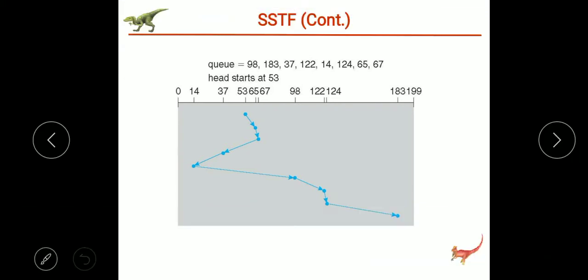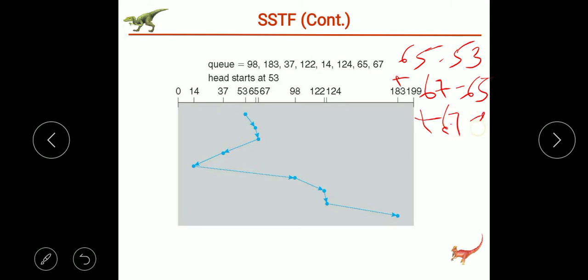I will show how to calculate the head movement from 53 to 65. It is 65 minus 53, plus from 65 to 67, 67 minus 65, plus from 67 to 37, 67 minus 37, plus 37 minus 14, plus from 14 to 98, 98 minus 14.